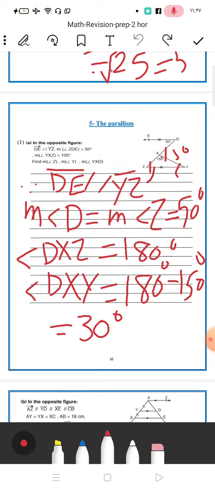Now we need to find angle Y, because the sum of all interior angles in each triangle equals 180.